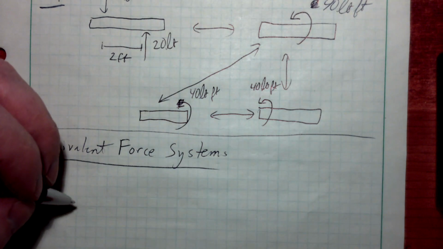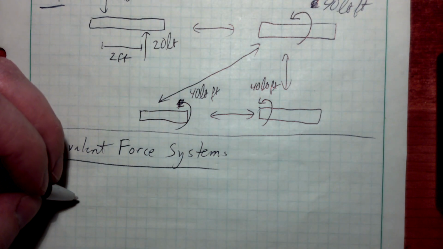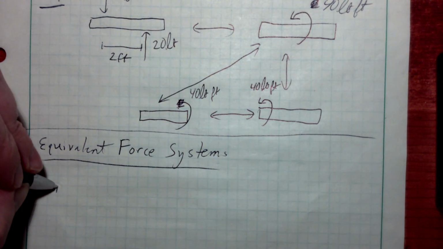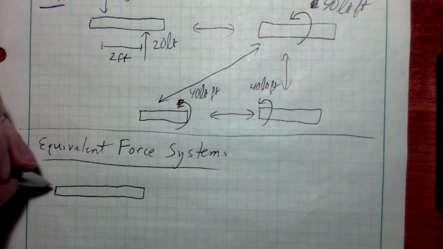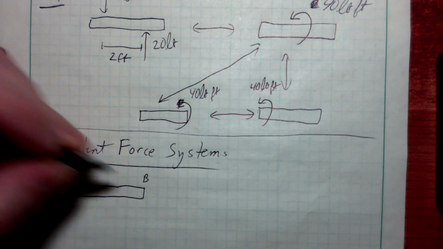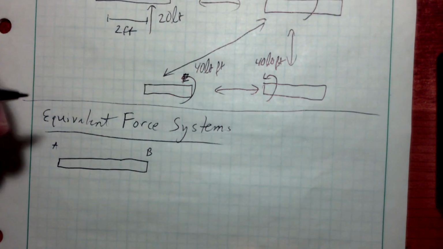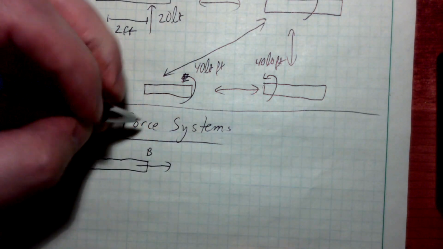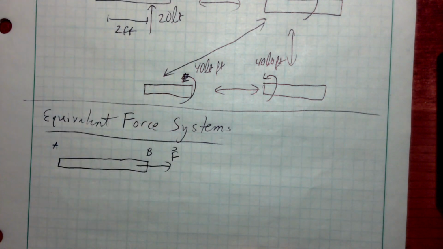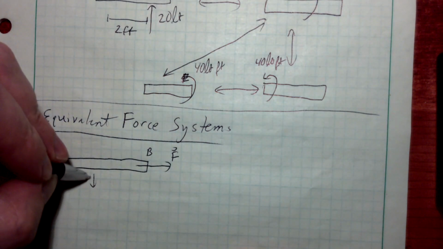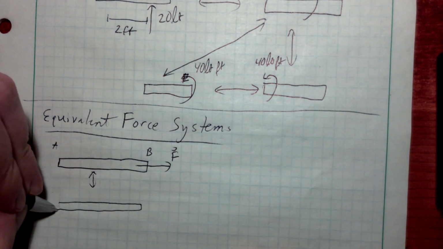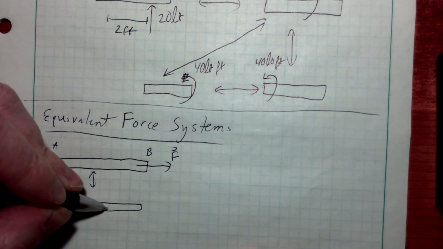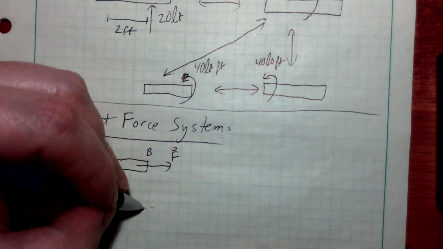What does this mean? Well, here's the concept. If I've got this beam here, some member AB, and if I apply a force F along the long axis of this beam, I can apply that force anywhere along its line of action.